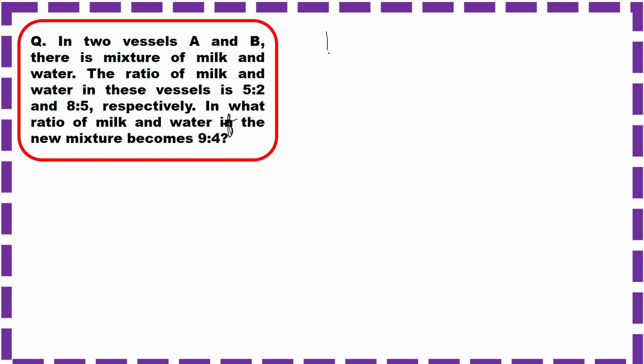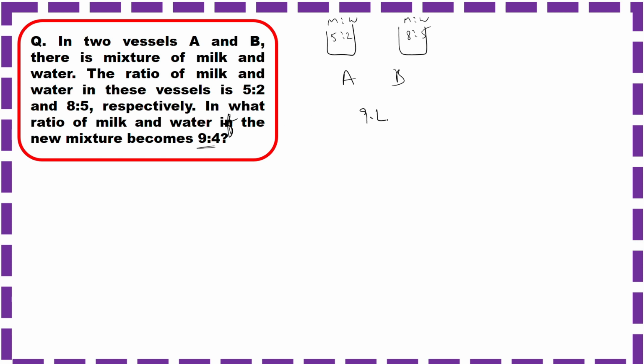Two vessels we have, A and B. In vessel A, the ratio of milk and water is 5:2. In the second vessel, we have milk and water in the ratio 8:5. So in what ratio must these two be mixed to get a new mixture of 9:4?